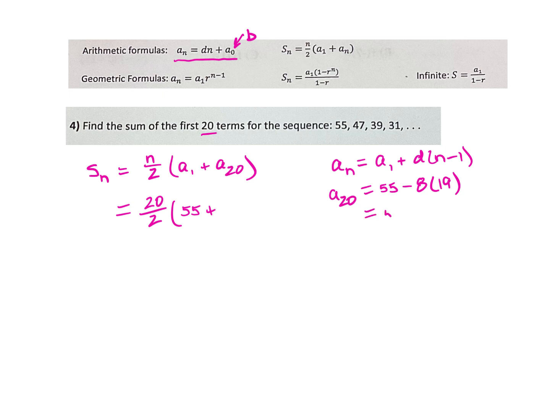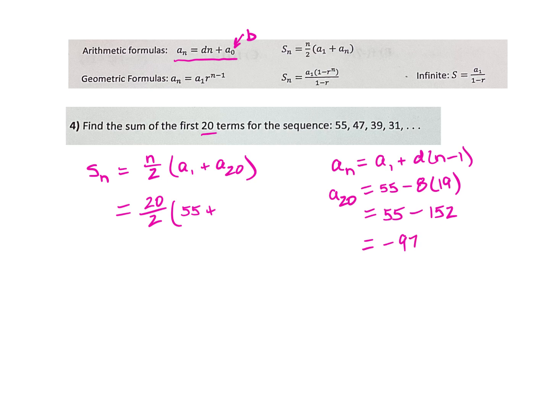So this is going to be 55 minus 152. And so if I do 55 minus 152, I'm going to get negative 97 for my 20th term.